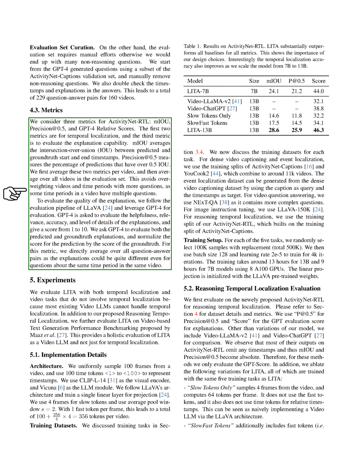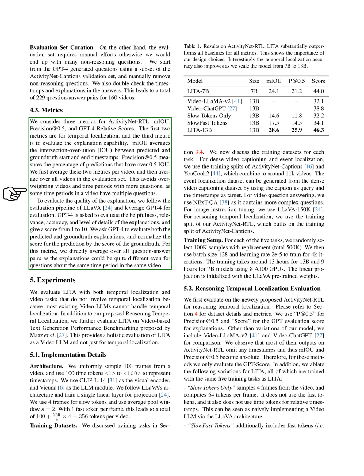In evaluating the ActivityNet RTL dataset, we consider three metrics: mIoU, precision at 0.5, and GPT-4 relative scores. The first two metrics assess temporal localization accuracy, while the third metric evaluates the quality of explanations provided. mIoU calculates the average intersection over union between predicted and ground truth timestamps, while precision at 0.5 measures the percentage of predictions with an IoU over 0.5.